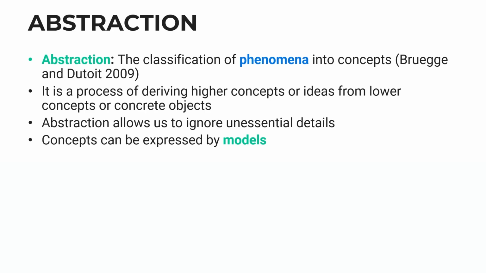It involves creating a higher level concept or representation that captures only the key aspects or functionalities of a system or a lower concept or even a concrete object. Abstraction allows us to ignore unnecessary details or complexities. And these higher concepts or abstracts can be expressed or described by models.